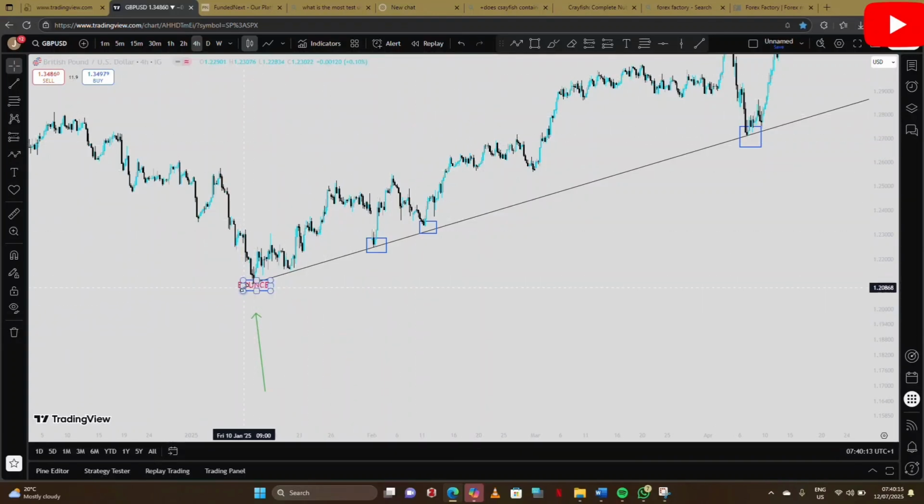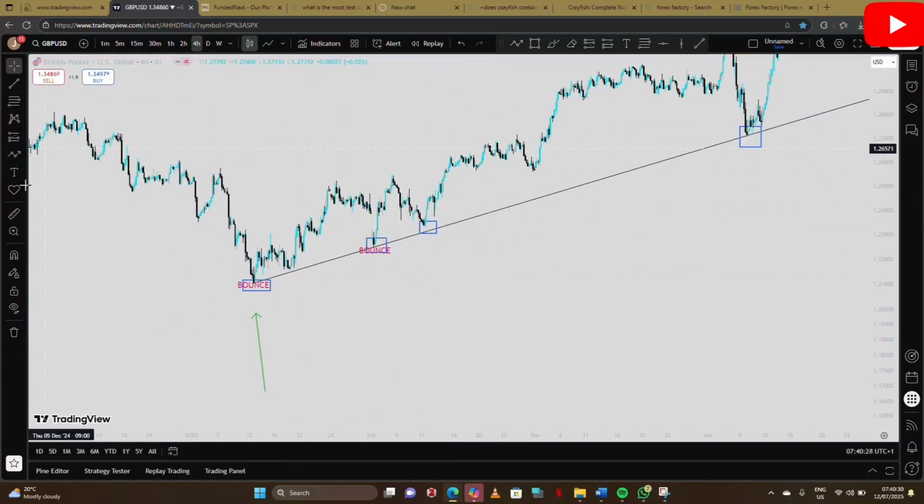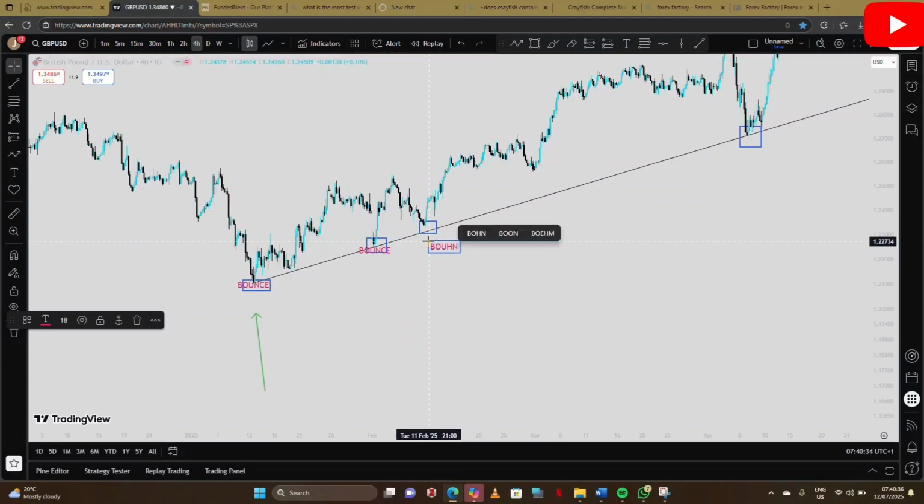Same for the others. A bounce here too. We have a bounce here. A bounce. I hope you guys are understanding.